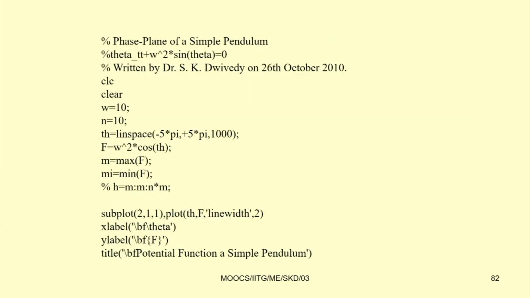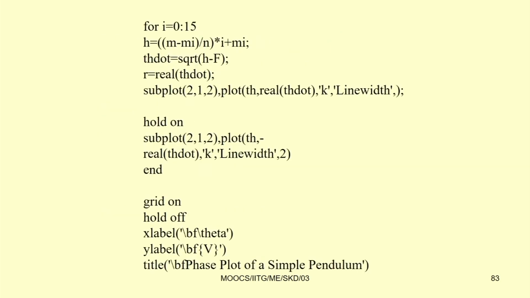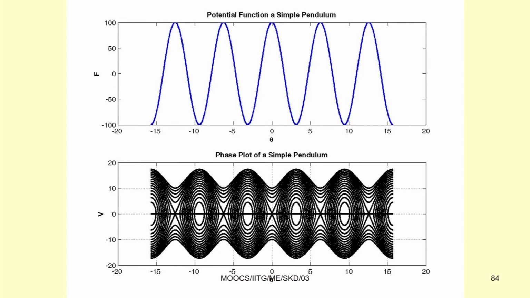I will show you one example. This code is written using MATLAB to plot this equation. You can see this is your F versus theta. This curve is written for a simple pendulum, whose equation you already know.